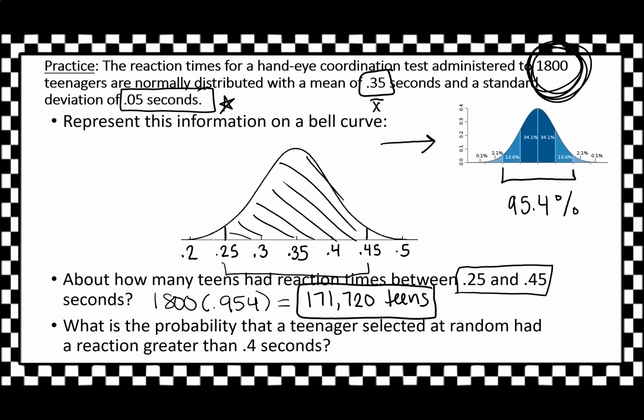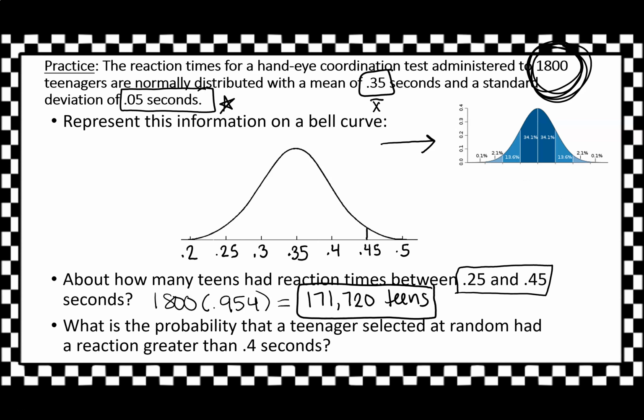All right, next question says, what's the probability that a teenager selected at random had a reaction greater than 0.4 seconds? Well, we need to relook at this graph up here. Okay, greater than 0.4 seconds. We are talking about from here over.